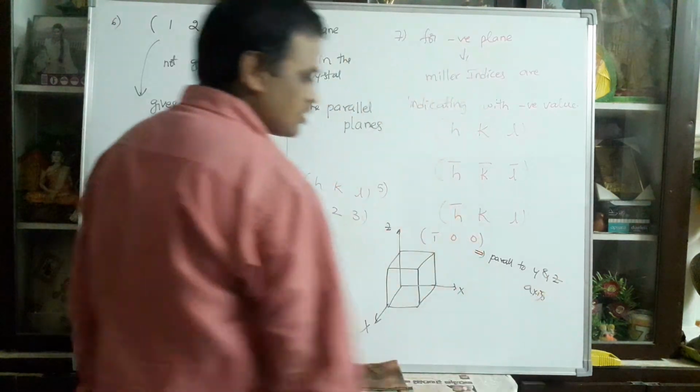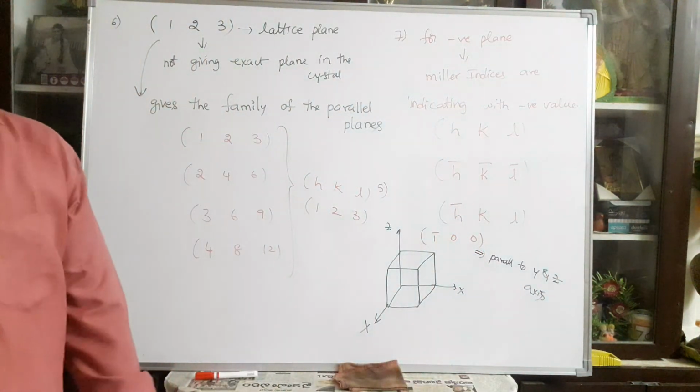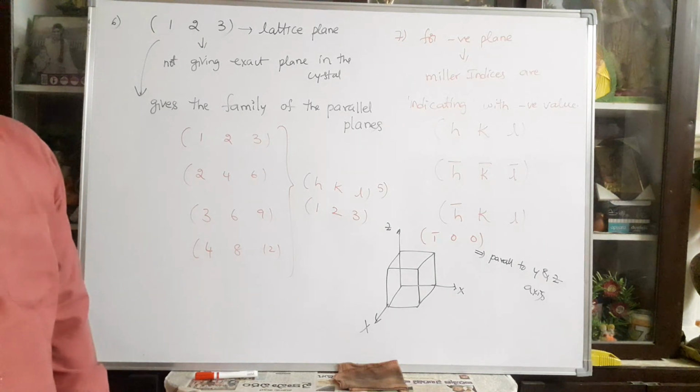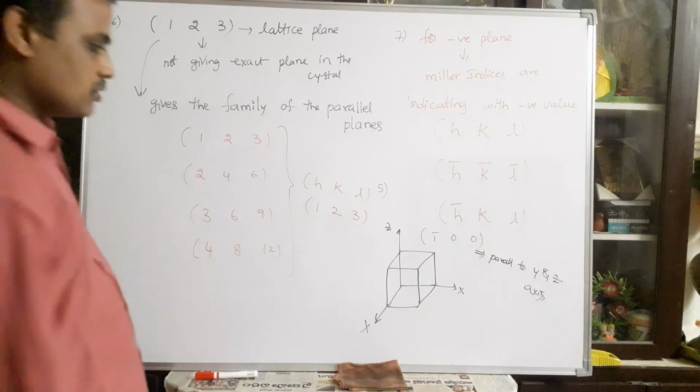Everyone knows that 0 means the intercept is infinity. So the plane that is drawn must be parallel to the Y and Z axes. So this is the X axis.